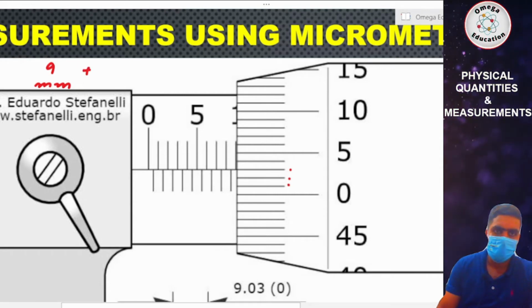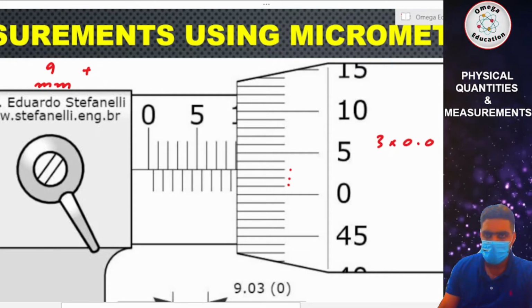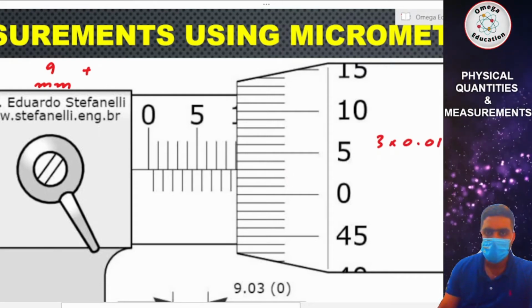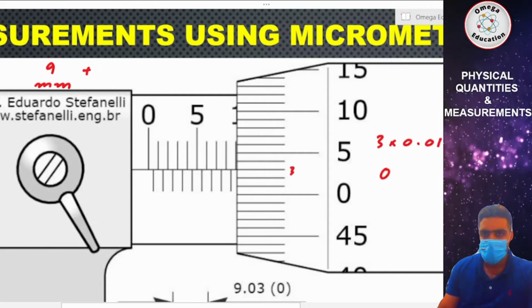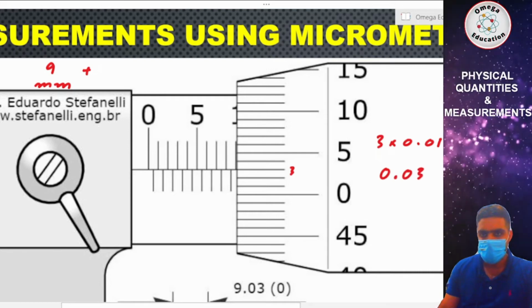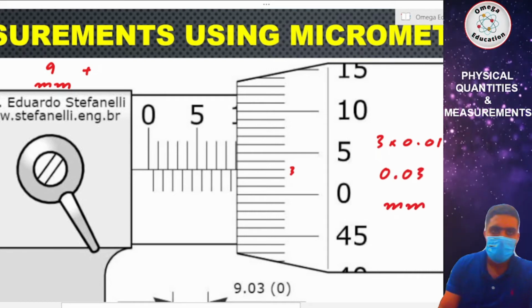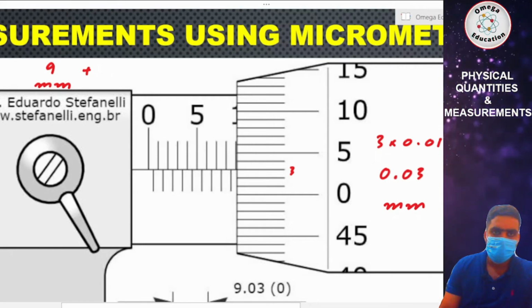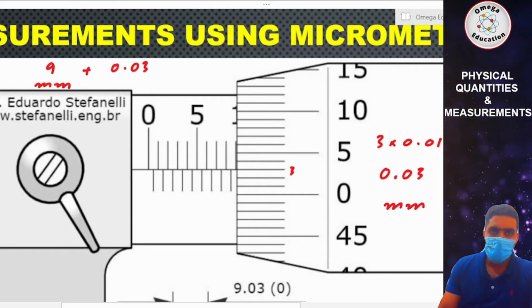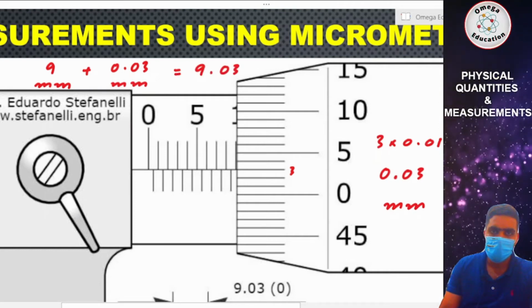Line number 3 from the circular scale, we convert into the circular scale reading by multiplying by the least count, and that would be 0.03 millimeters. Then you add these two: 0.03 millimeters added to 9 millimeters gives you 9.03 millimeters.